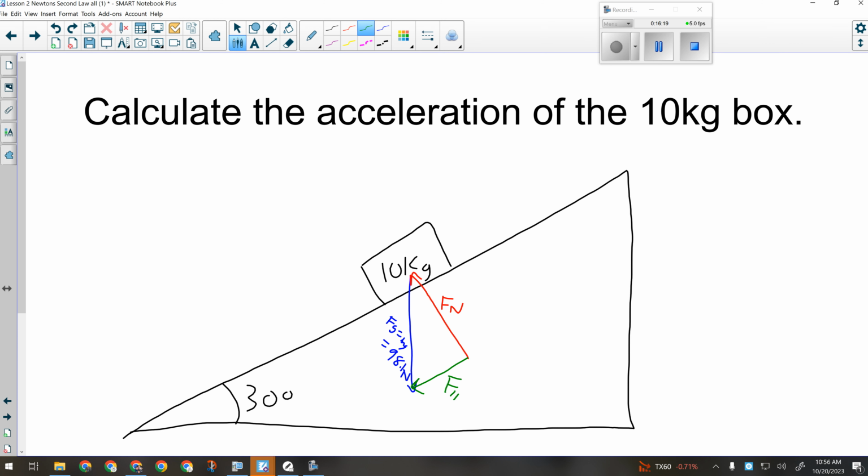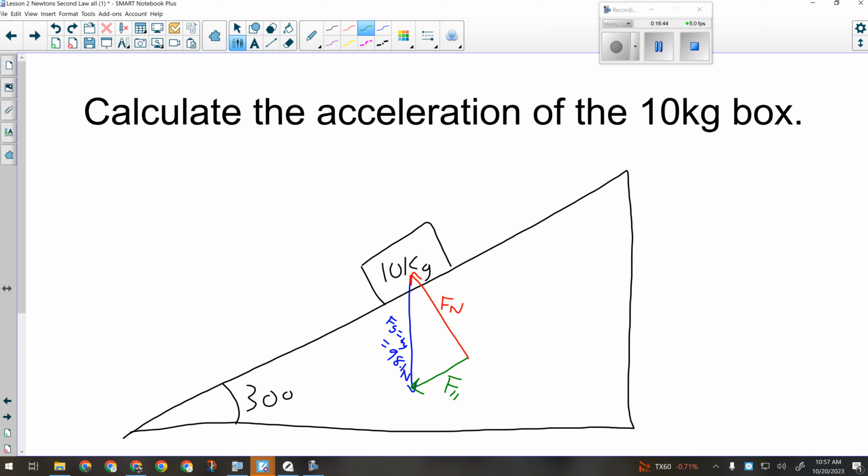All right, now you're probably looking at that triangle and going, I only know one side of that triangle, Coder. How am I supposed to get F parallel? I don't know what Fn is. I need a side and an angle, or I need two sides. Wait a minute, I need a side and an angle.